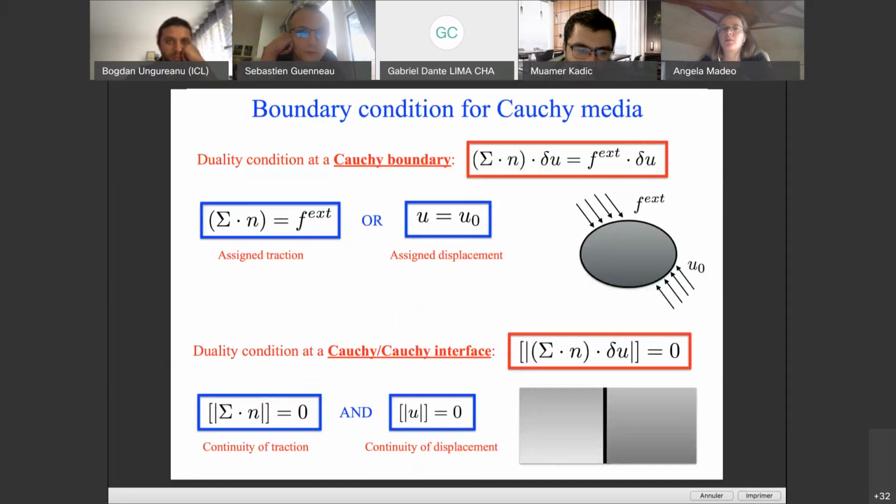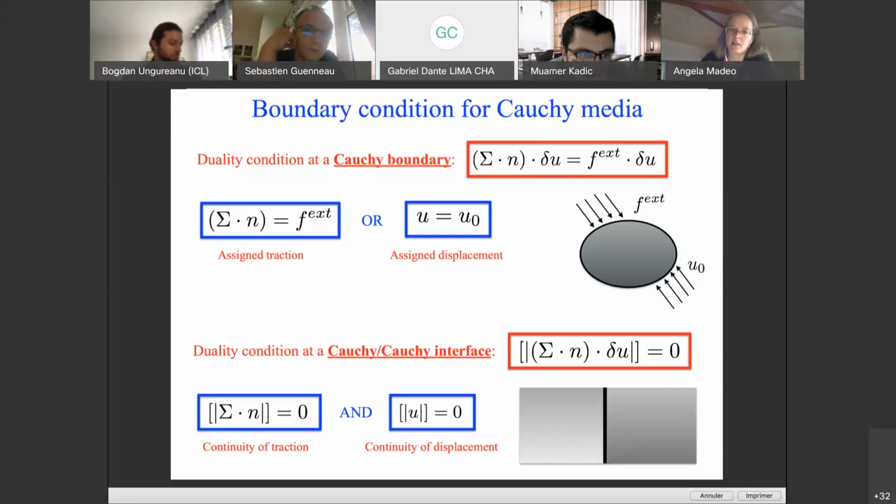If we perform our variation, we end up with a duality condition, which tells us that given a Cauchy body, a Cauchy continuum, we can act on it from the exterior, either assigning a force, which is equilibrated by the Cauchy stress, or applying a displacement on the boundary.